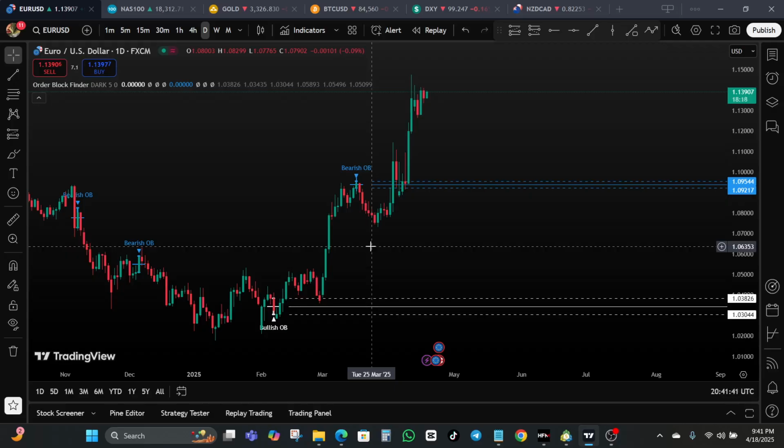All right, so these are areas where price is most likely to react in the future, creating perfect zones for entries and exits. All right, now the second indicator we're going to be looking at is the supply and demand indicator.